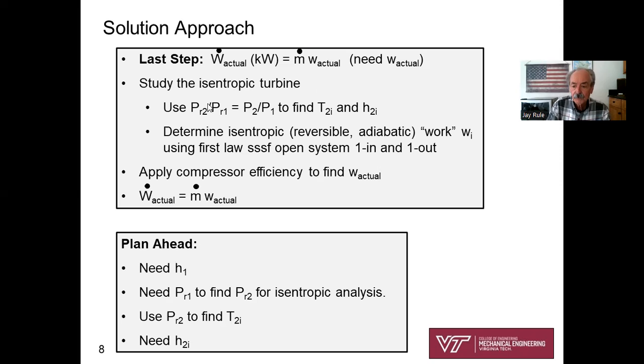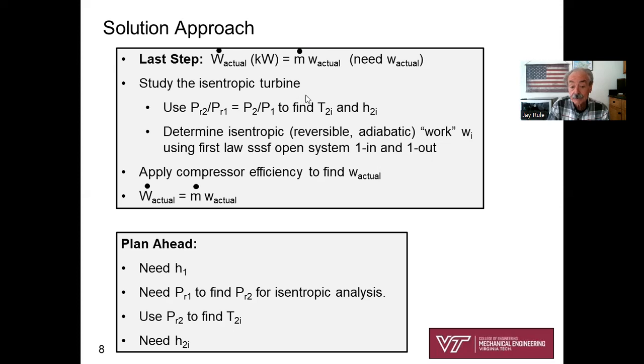All right. First thing we're going to do is study the isentropic compressor. Now, there is an identity for ideal gas, variable specific heat, using a variable called Pr, the relative pressure. It's a property that depends on the temperature of the ideal gas. For this identity, Pr2 divided by Pr1 equals P2 over P1 for the isentropic process.